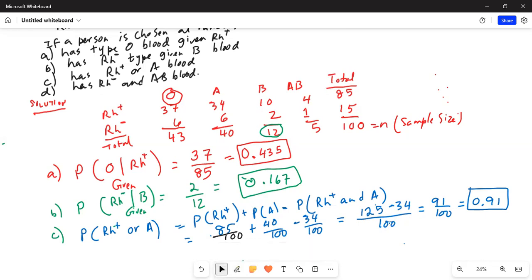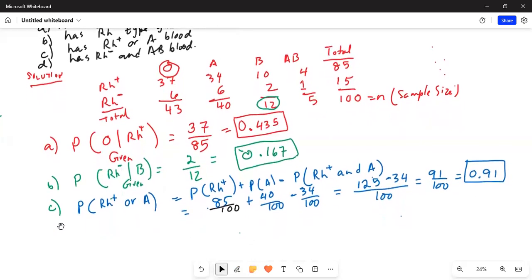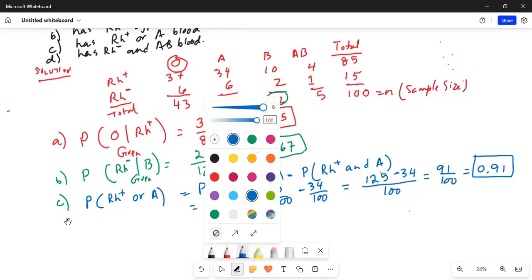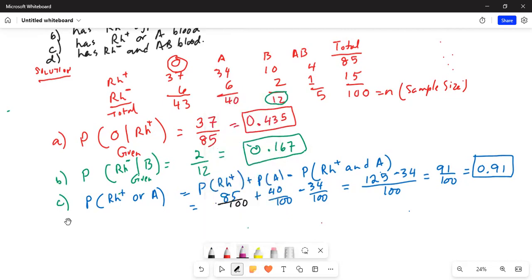So let me move the screen a little bit up. So in part D, they ask, what is the probability the person has Rh minus and AB? So we are looking for the intersection of Rh minus, which is the second row, and AB, which is the last column, or the fourth column.